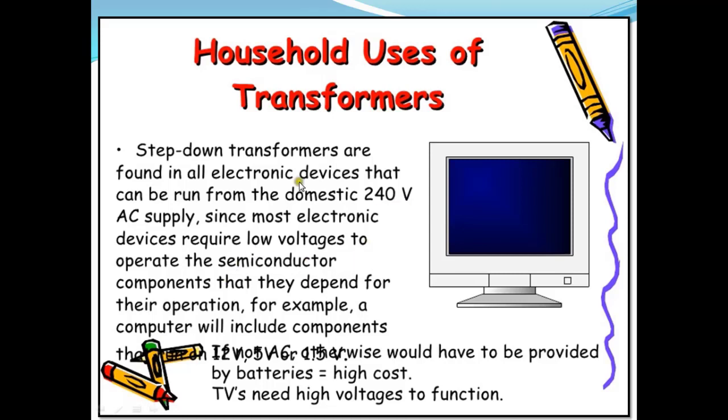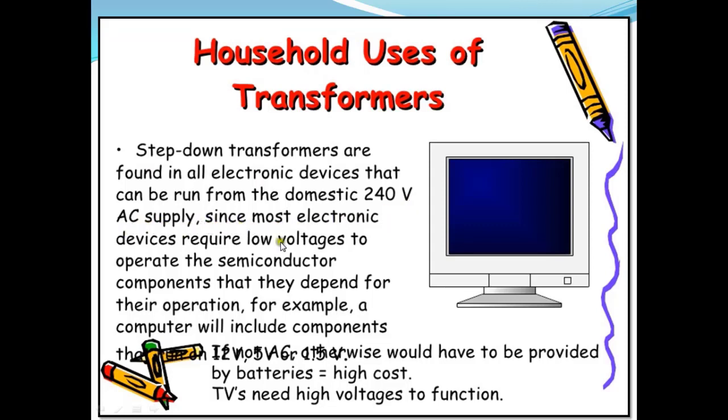Also we can see that computers, refrigerators and TVs all need such kind of current, and we have already seen that step down transformers are found in all the electronic devices that run in our domestic homes from the electricity we are using.